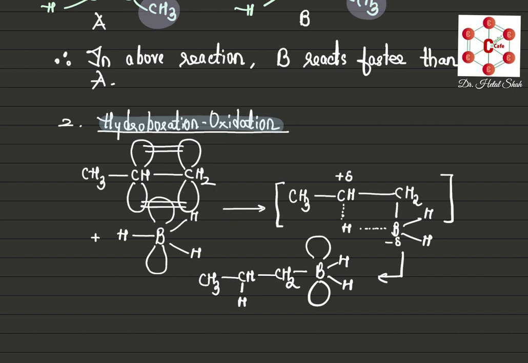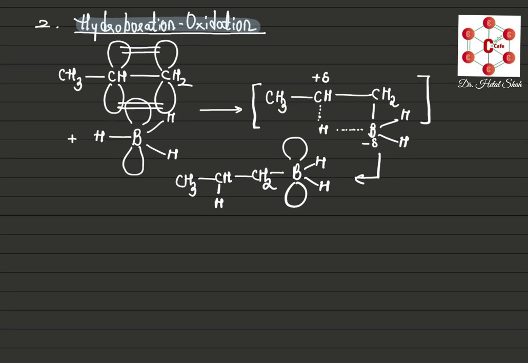So what do you expect? One more reaction like that? So it will try to push this once again in the pi cloud of one more alkene. So, what would happen? I can have one more alkene, CH3, CH double bond CH2 interacting.